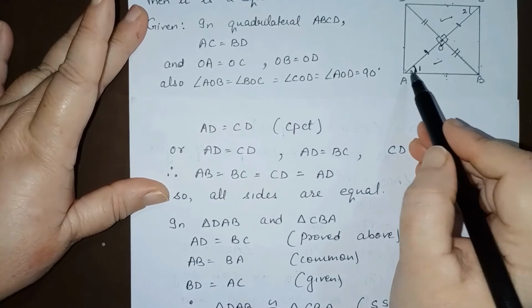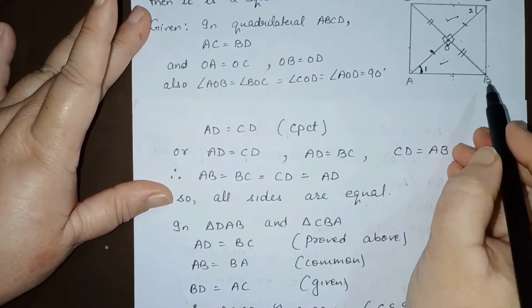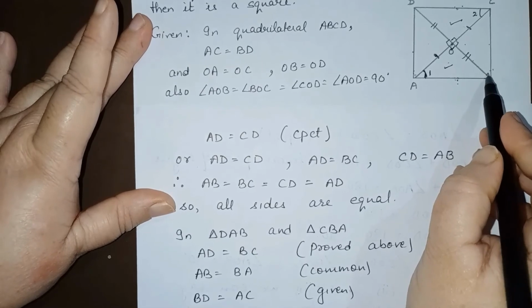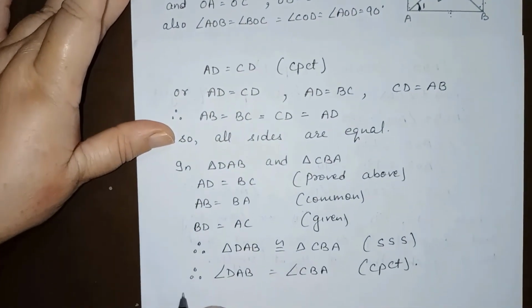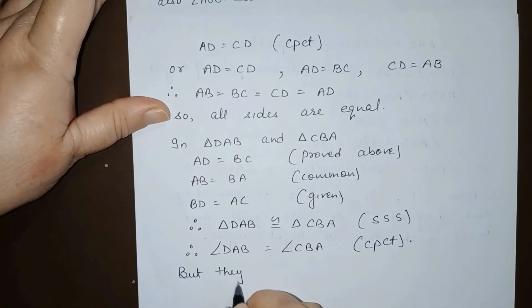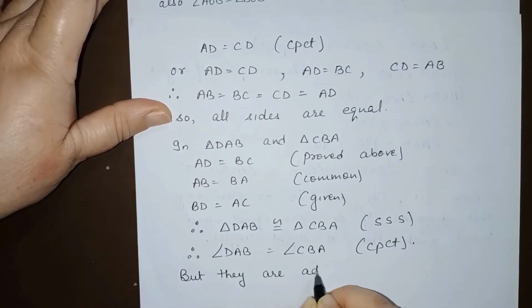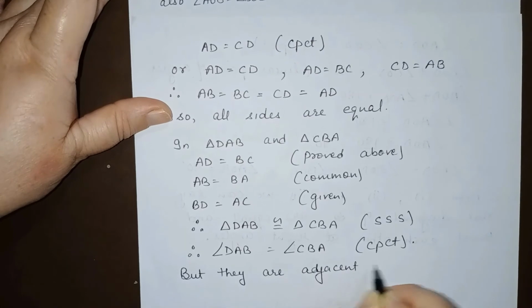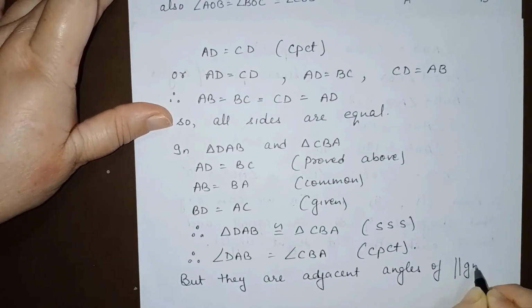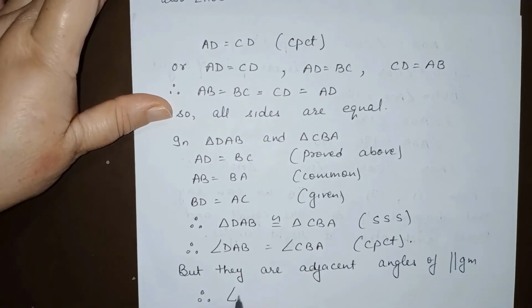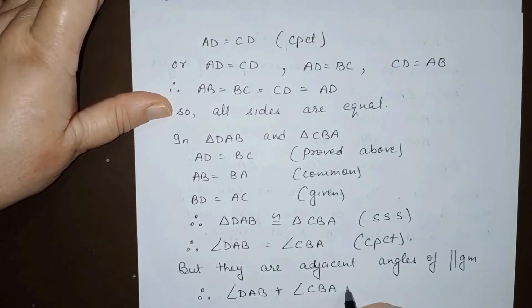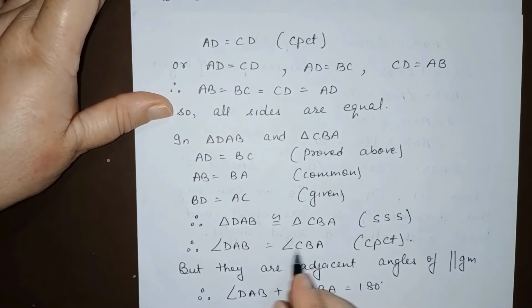But they are co-interior angles also. This is a parallelogram, so they are adjacent angles of a parallelogram. Adjacent angles of a parallelogram are supplementary. Therefore, we have angle DAB plus angle CBA is equal to 180 degree, but they are equal.